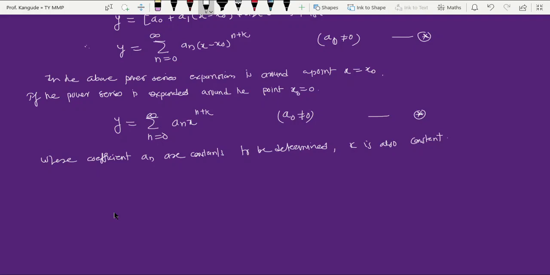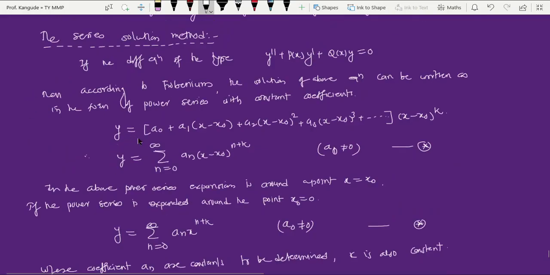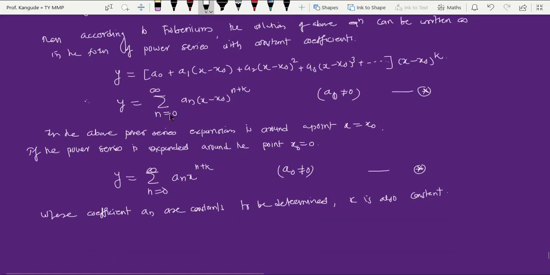So the power series is written as y is equal to a0 plus a1 times (x minus x0) plus a2 times (x minus x0) squared plus a3 times (x minus x0) cubed and so on, because infinite terms are there, multiplied by (x minus x0) raised to k. In short compact form we write y as given by the first star equation, which tells you how a power series is written.